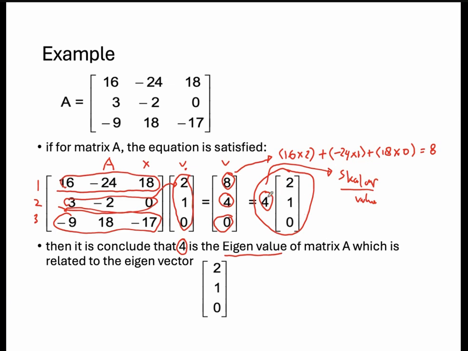If we multiply with an eigenvalue that has a value 4, we get the proportional matrix. So this is the definition of eigenvalue.